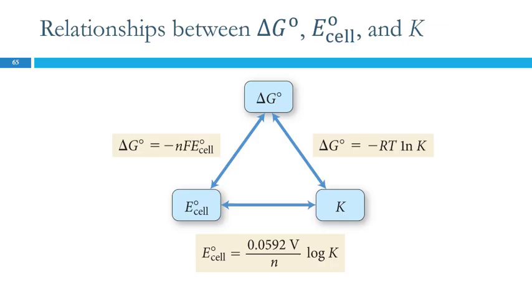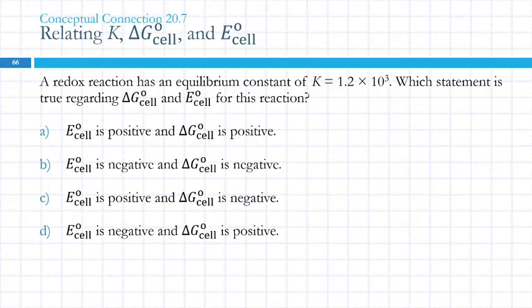We've got the equilibrium constant, and they're asking us about a sign of E. So we can find the sign of E from this one, right? And we can find the sign of G from that one. We're not going to do any calculation, but we will look at the formulas.